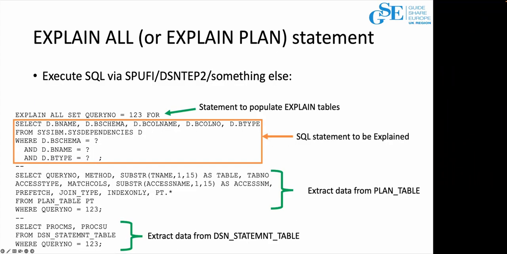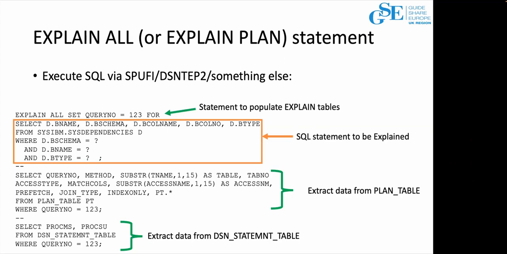And now look at another way to invoke explain using EXPLAIN ALL or EXPLAIN PLAN. My example is done in Spufi, which I find the easiest. The first statement, EXPLAIN ALL SET QUERYNO = 1, 2, 3, 4, is a syntax which invokes explain and populates the DB2 tables. Because I'm running this under my own ID, it's my personal set of the explain tables that gets populated.